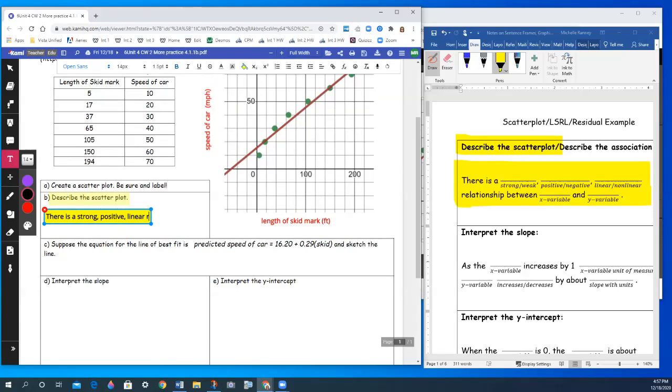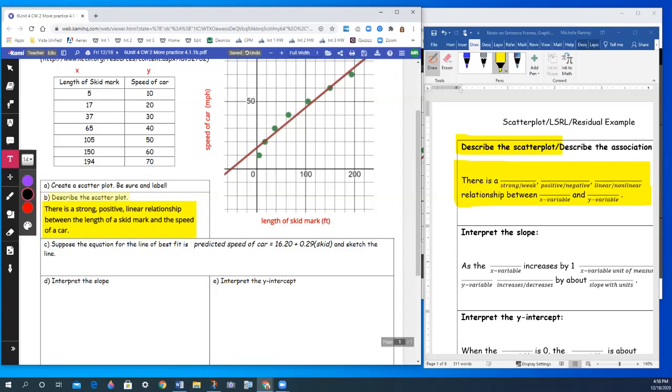Linear relationship between the length of a skid mark and speed of a car. Okay, and that is what you're going to type in for a describe the scatter plot.